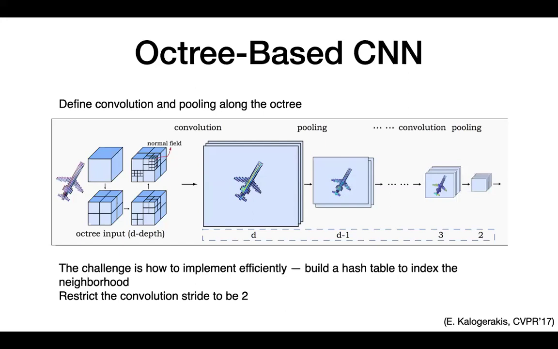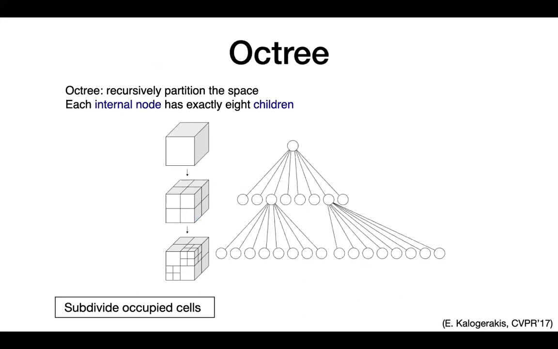But we need to solve some implementation problems in terms of techniques in computer science, because we need to implement the convolution operator efficiently, and when we do other operations like pooling, we need to make this suitable to work with this hierarchical data structure, because the octree is a hierarchical data structure, right?